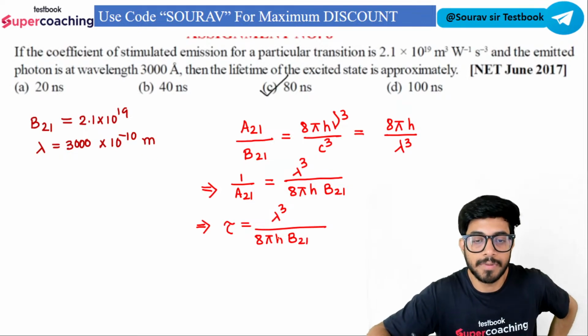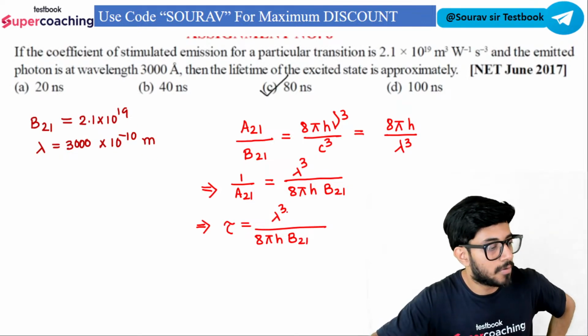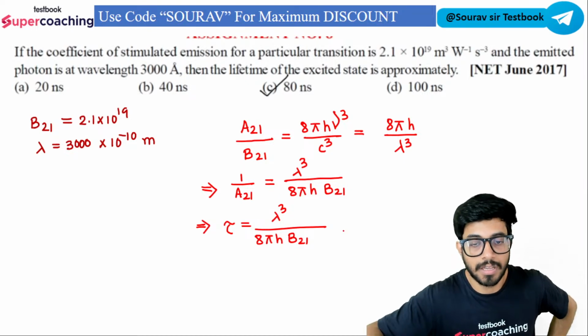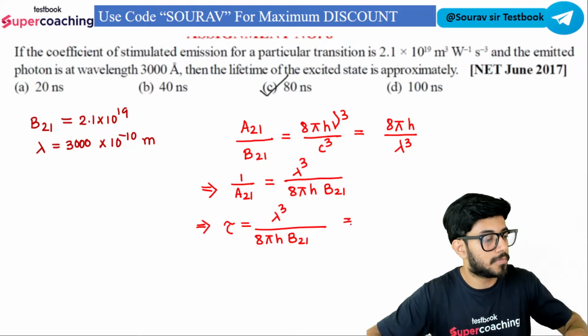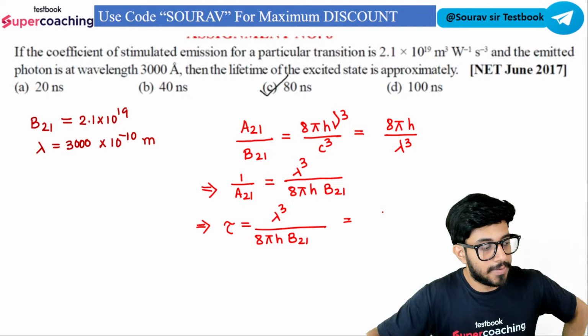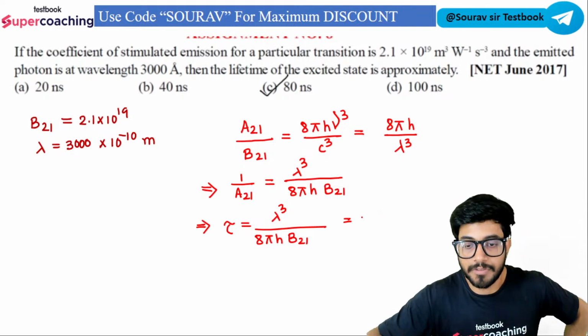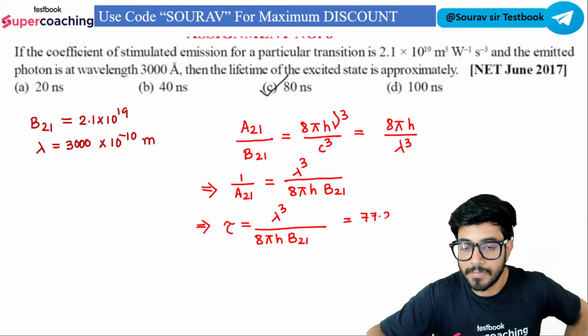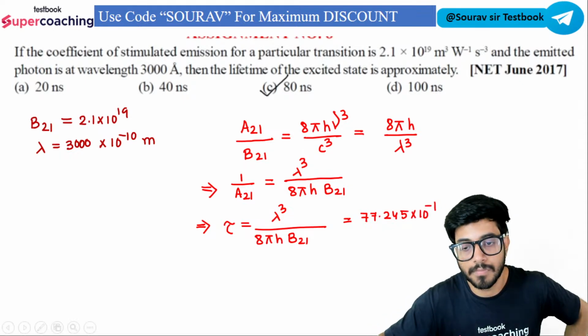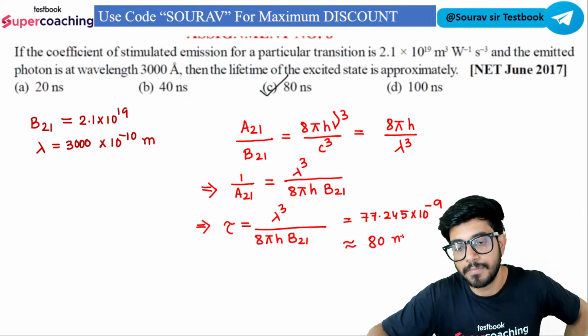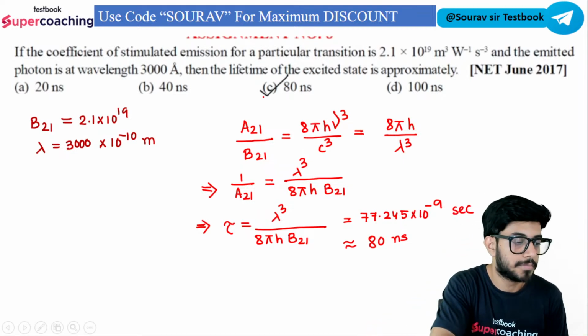You know the value of lambda in meter, you know the value of B21, you know the value of 8 pi h. Put everything over here, you will get tau equals 77.245 times 10 to the power of minus 9 second, which is approximately equal to 80 nanosecond. Option C is correct.